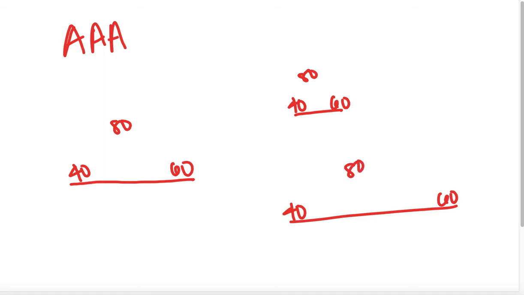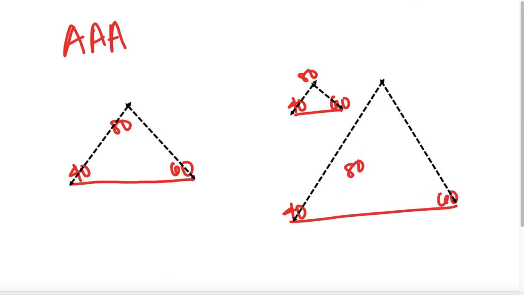But look how big these triangles are going to be. This triangle is going to be about this big. This one's going to be this big. This one's going to be this big. They all have equal angles, 40, 60, 80, 40, 60, 80, 40, 60, 80.